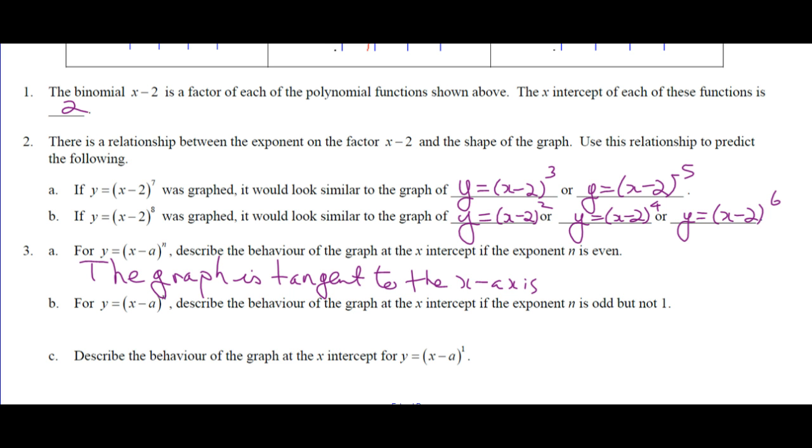Well, when x is equal to a. And so tangent just means that it touches but does not cross the x-axis.